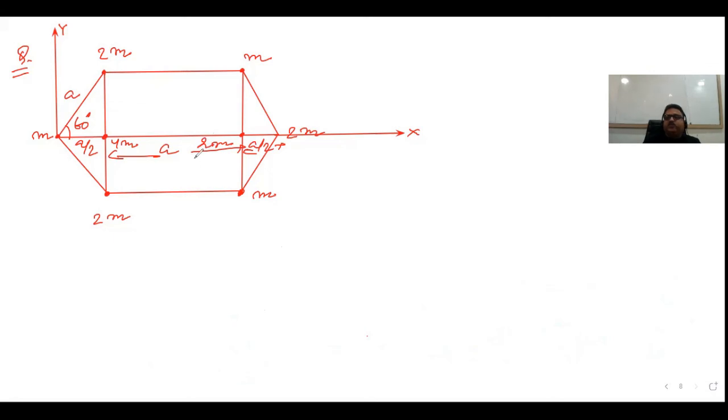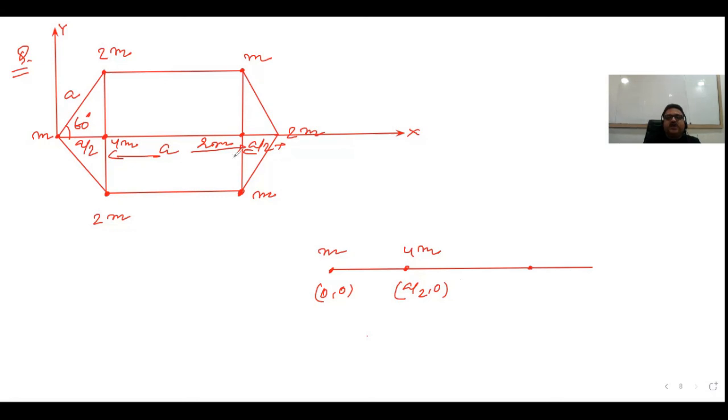Now we can convert this problem into a simple one. How? Look at this. Suppose this is the x-axis and this mass M placed at the origin. This is 4m. Here it is placed at A by 2, comma 0.